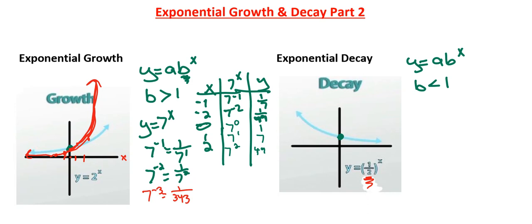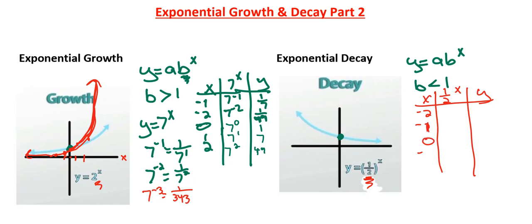Anyway, for this decay, what's going to happen, again, if we just think about it with a quick table, this is a half here. I should have used the 2 over here, but I don't know what I was thinking. So if I have a half to the x power, I have my x, I have my y. Again, x is the exponent. I'm going to start with -2 this time.